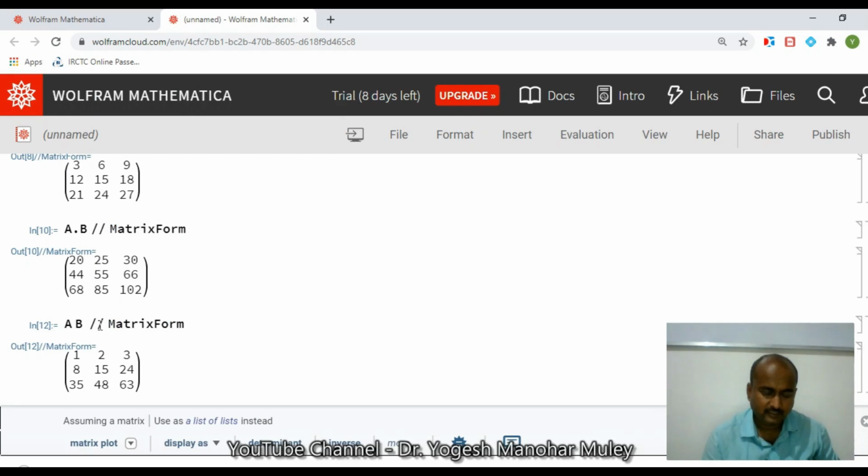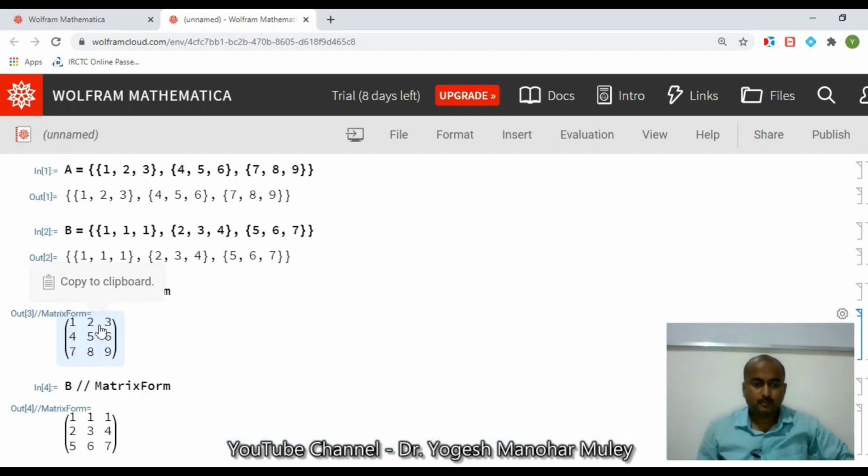This means A11 multiplied with B11, A12 multiplied with B12. So A space B gives multiplication element by element, and A dot B gives multiplication in the standard form.